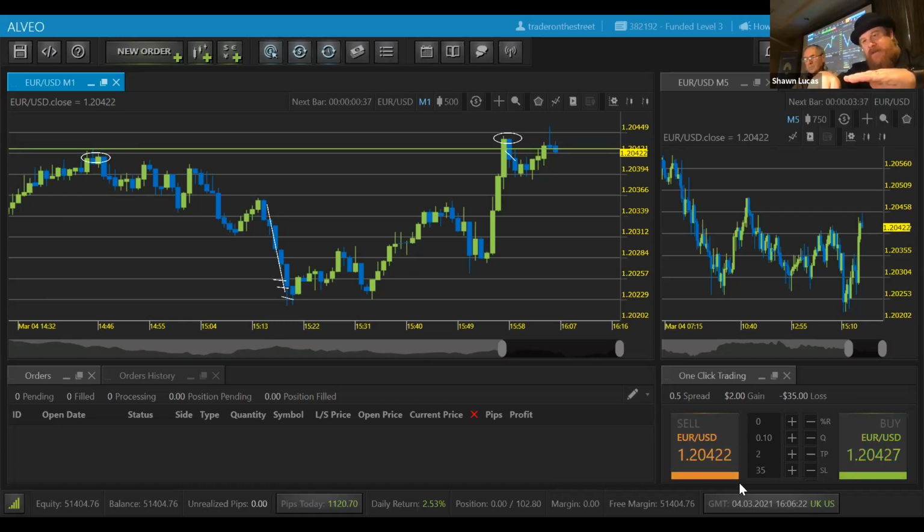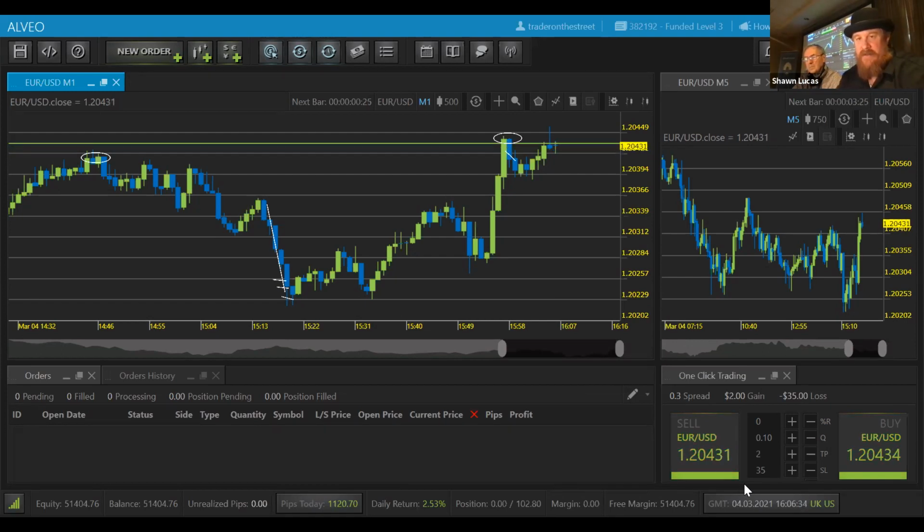Sometimes institutions will push down through that, because they want to trigger all those buy orders. Yeah, the trampoline, that's exactly what it turns into. Boy, it's kind of losing its bullish momentum, isn't it?